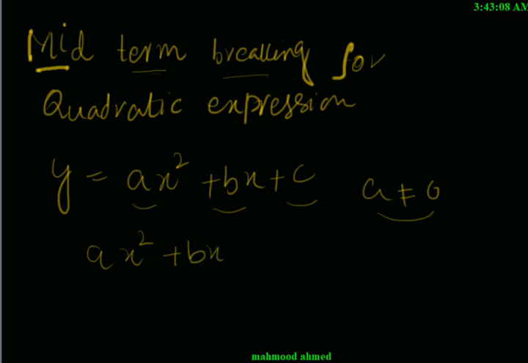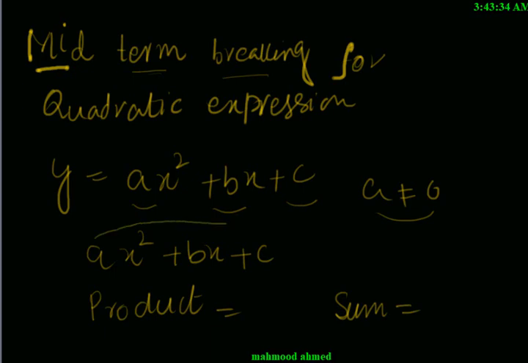So ax square plus bx plus c. Mostly we don't write y is equal to that. We generally write ax square plus bx plus c in class 7 and class 8 maths books. Here the important thing to understand is that you multiply a and c, the external terms, their coefficients only, and this is ac, and the sum is the coefficient of the central term.